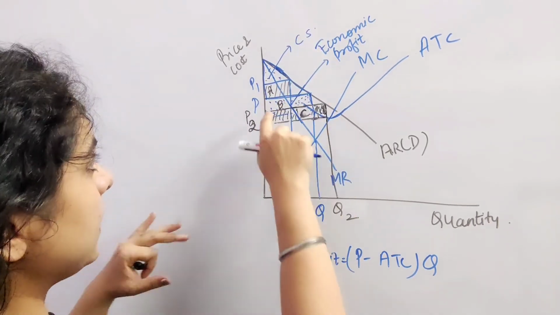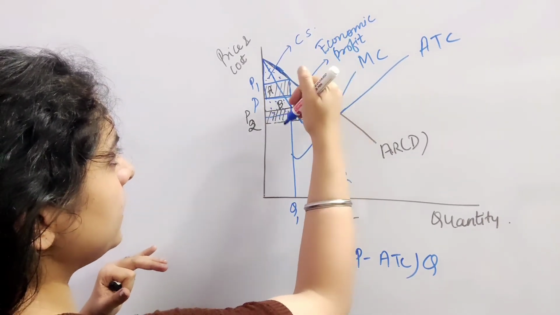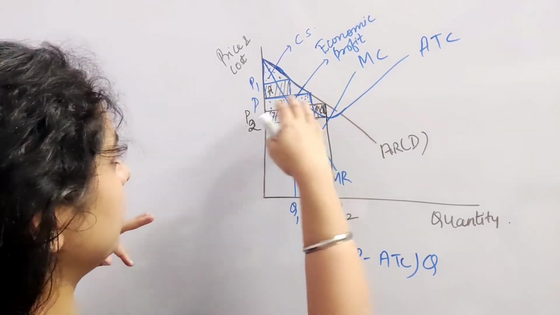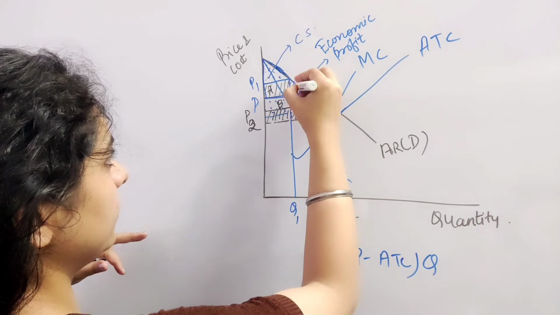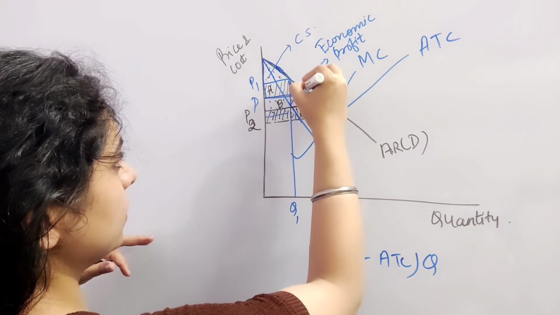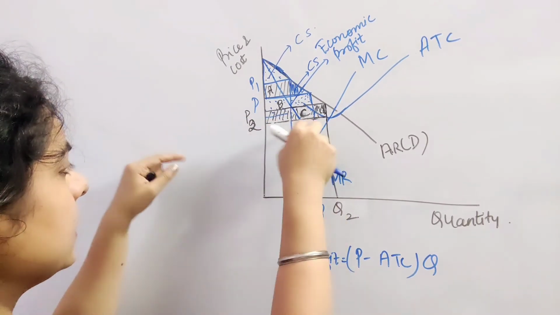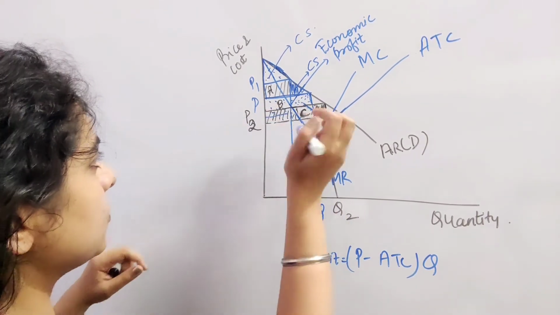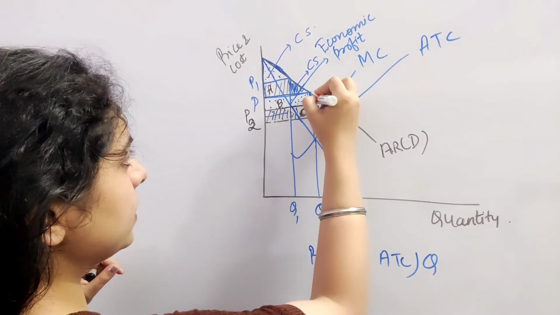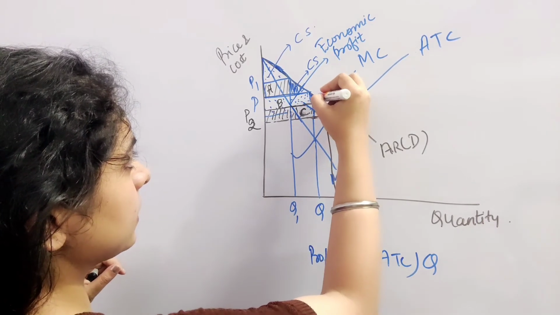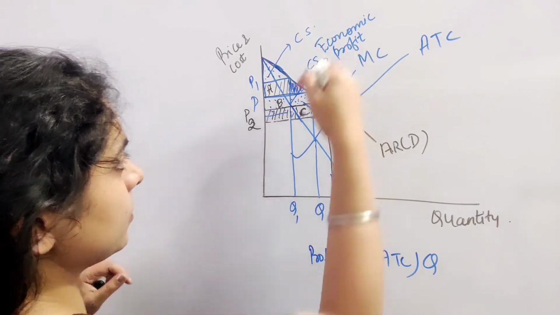Those who are paying a price of P will be left with this portion as consumer surplus, and those who are paying a slightly lower price P2 will be left with this portion as consumer surplus.